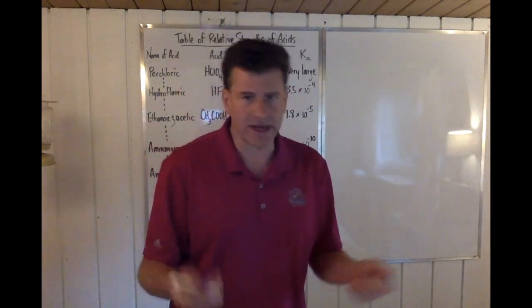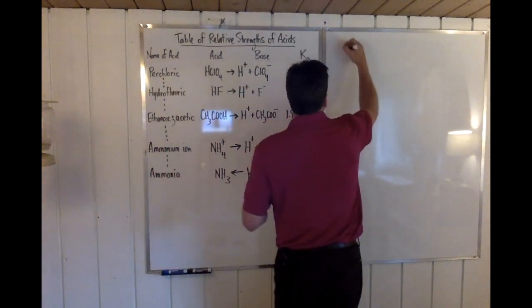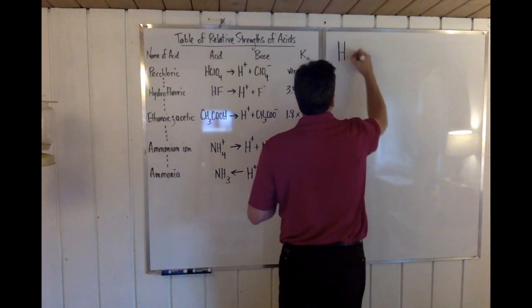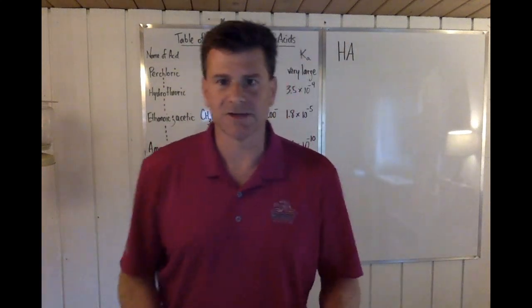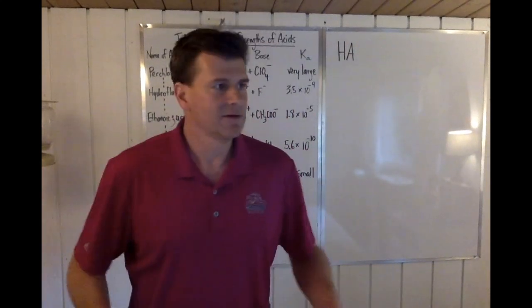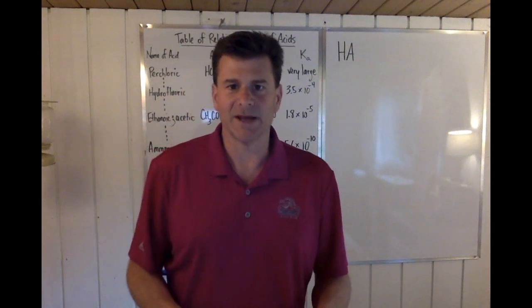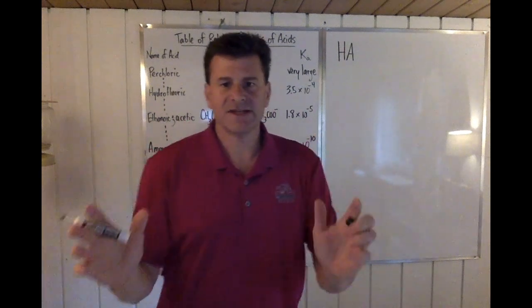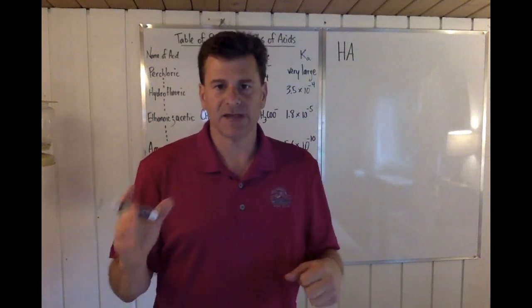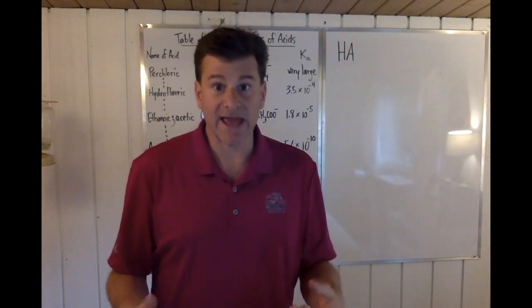So I'm going to use HA, which is a pretty typical one. A is helpful because there's no such thing on the periodic table as A, so you can't mix it up for something that's actually real. So HA. If it's an acid, the hydrogen is covalently bonded to whatever A is.